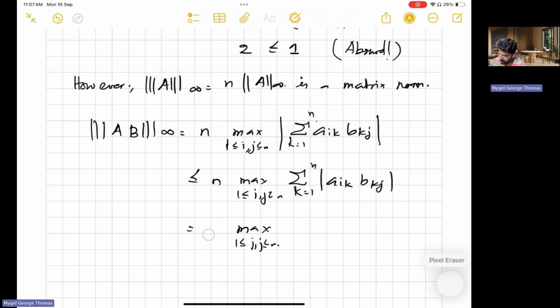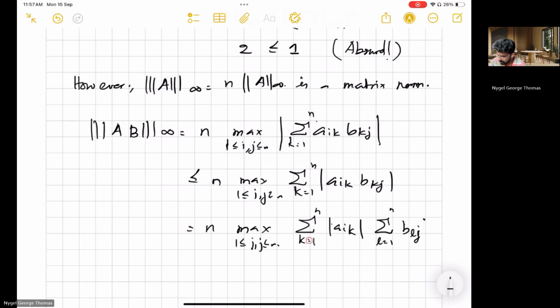Let's go like this, n times sigma. This is a max term, right?